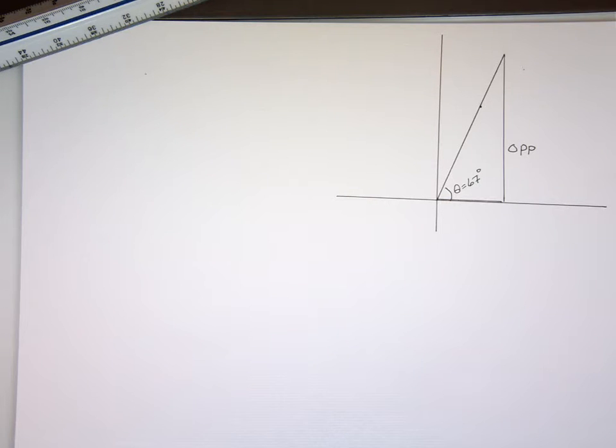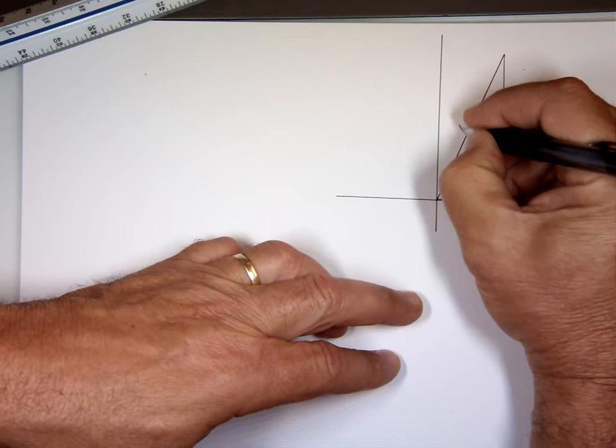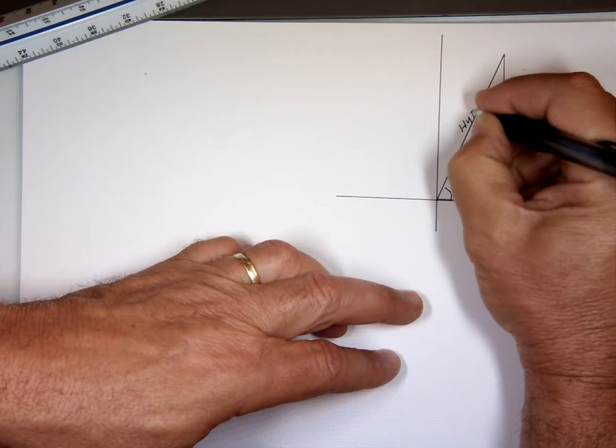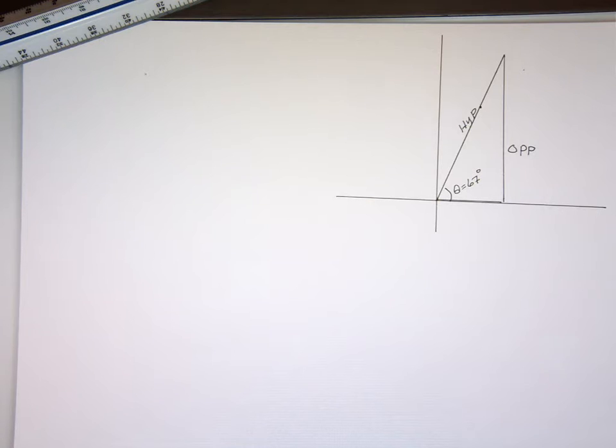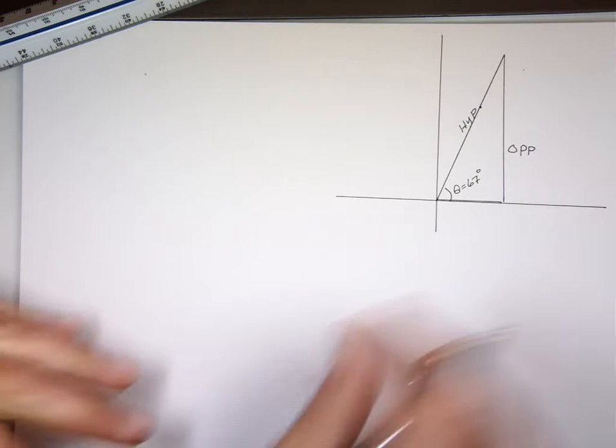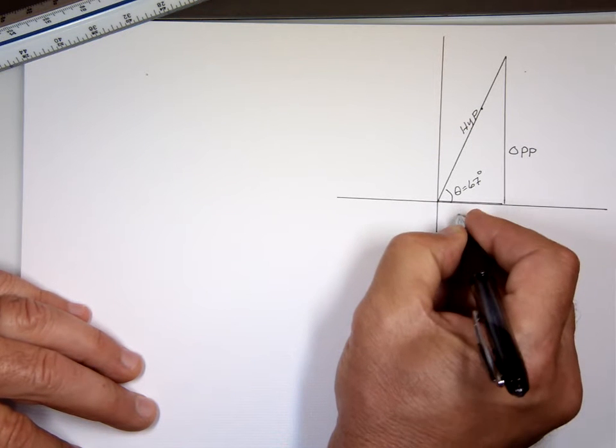Of the two sides touching the angle, the longer side is known as the hypotenuse, H, Y, P. And the other side is known as the adjacent.